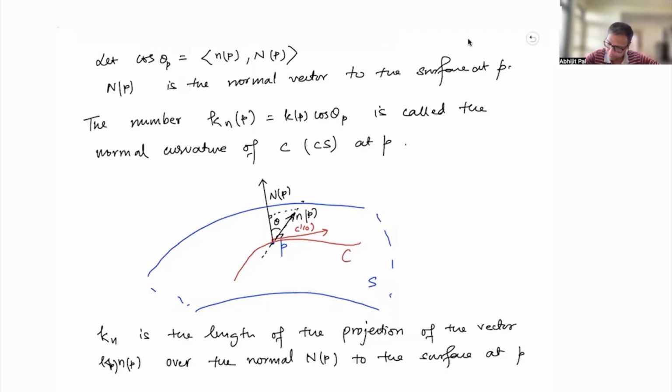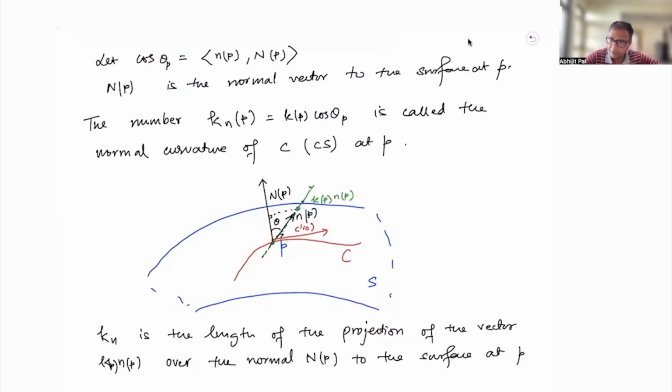Yeah, so let me explain again. So we have this small NP, which is normal to the curve. And if I take this line, so somewhere here, I'll get this Kp multiplied with this normal vector NP.